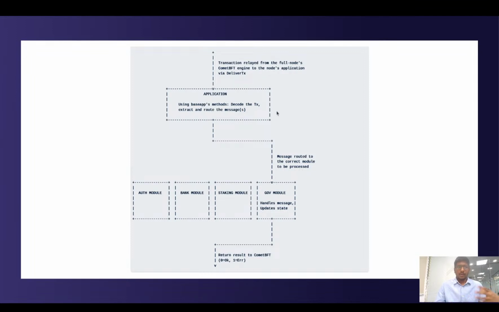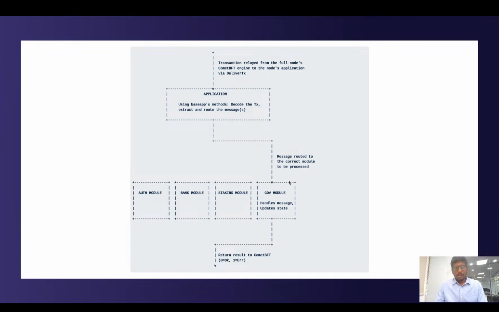For each module there are several transaction types, so any transaction must relate to some module of the SDK, and based on that it will be routed to the required module.